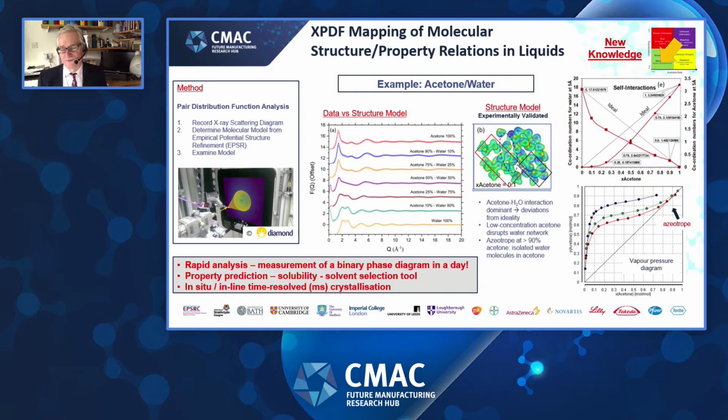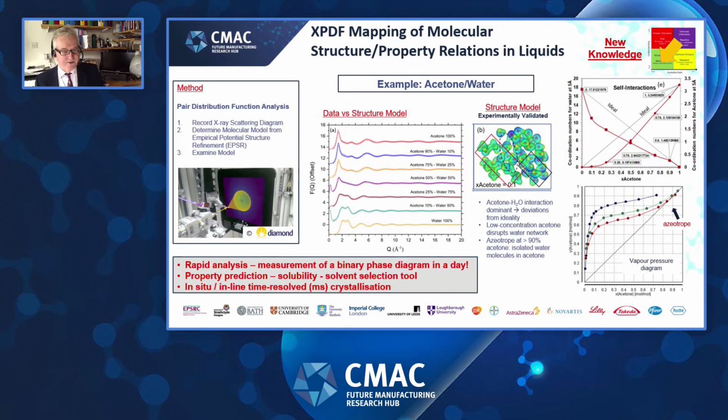An example of what we're doing is we've developed pair distribution function mapping of molecular structure onto properties for liquids. This is a big challenge in structural science, because liquids have very large degrees of disorder quite often, and you need to understand the local structure and its relation to collective behavior of the whole liquid.